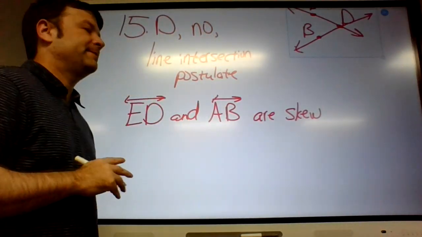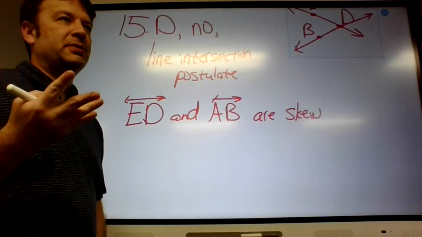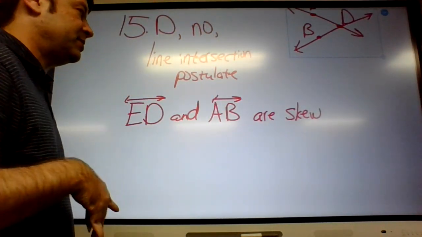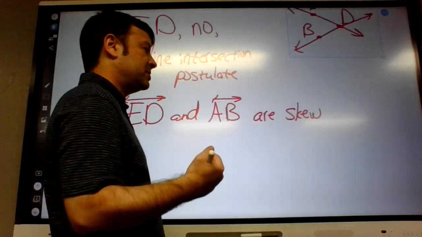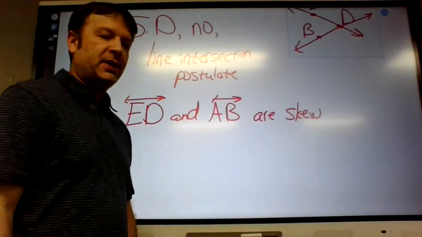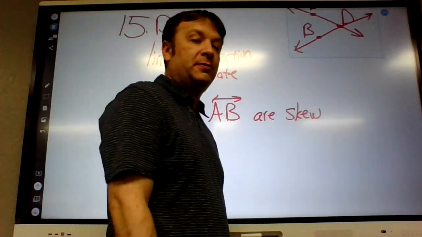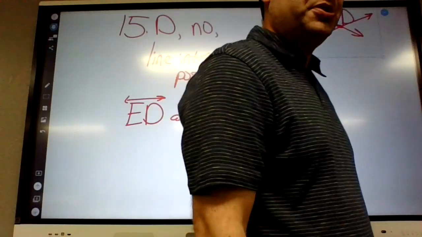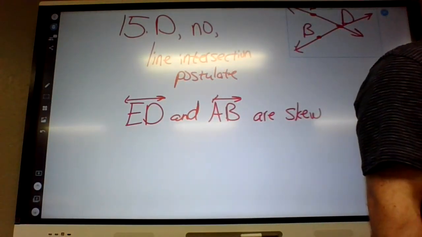That would just be by the definition of skew lines. If they don't intersect, they're not on the same plane. But you can just put that, it's fine. An example of two skew lines for number 16.